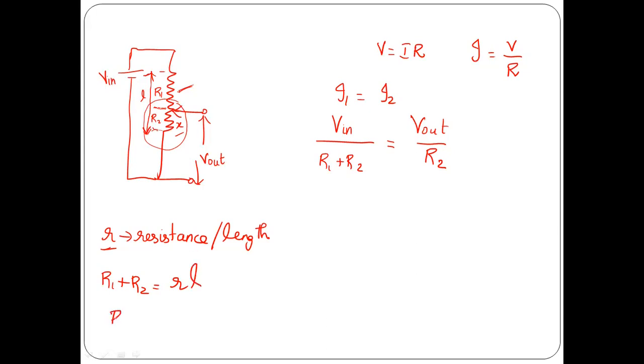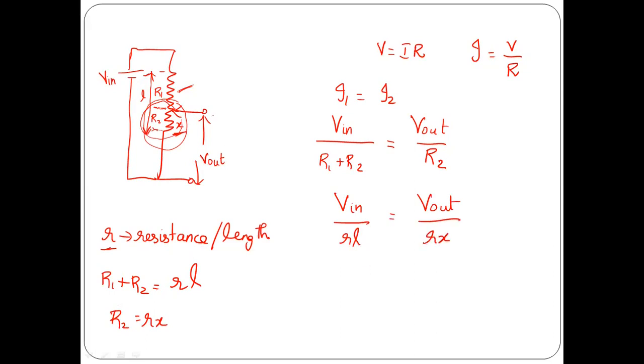Similarly, R2 is the resistance of this portion of the wire, whose length is X. The resistance per unit length is r, so for a distance of X, it will be rX. We'll substitute here. So V in by rL is equal to V out by rX.